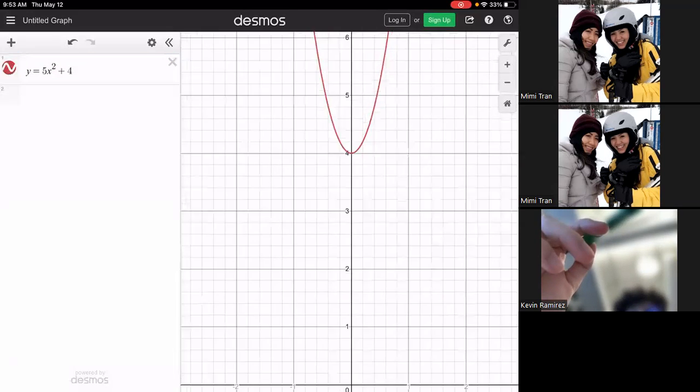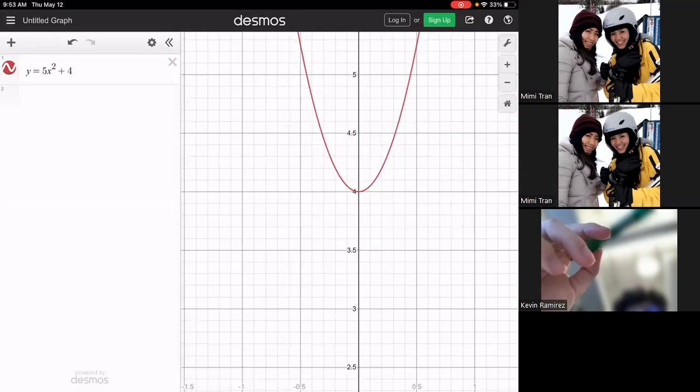There you go. Remember, your domain is all the x values, all the width. Now this graph is gonna go out forever and forever. It's gonna get larger and larger. If you project this down on the x-axis, what do you see? I start from the left and project it down. Do I have an x value all the way to negative infinity?